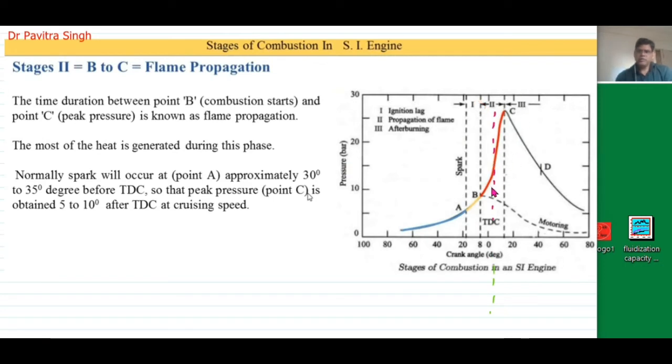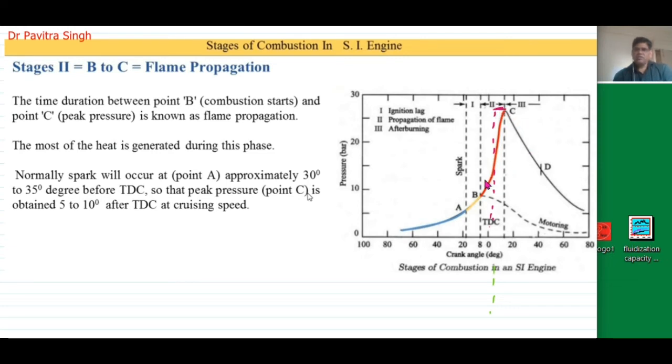Here you can see the sparking normally occurs at point A, approximately 30 to 35 degrees before TDC. It means the peak pressure is obtained 5 to 10 degrees after the TDC.